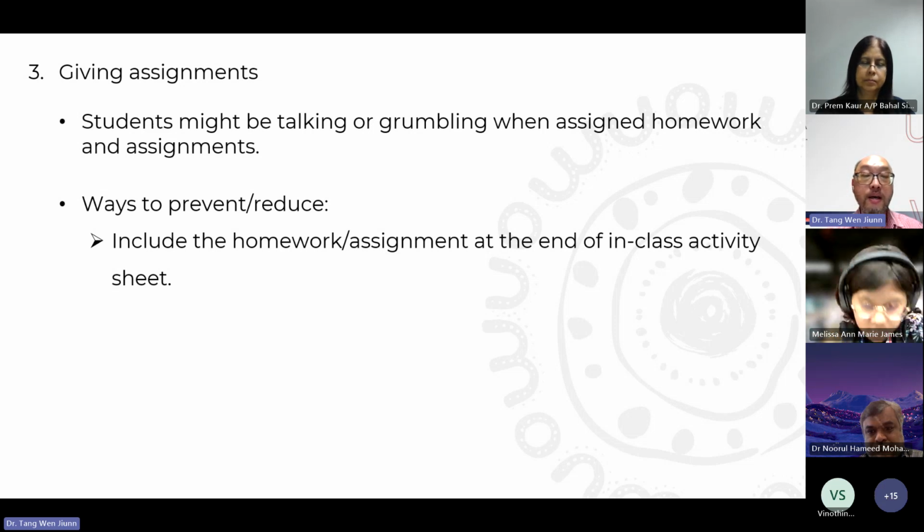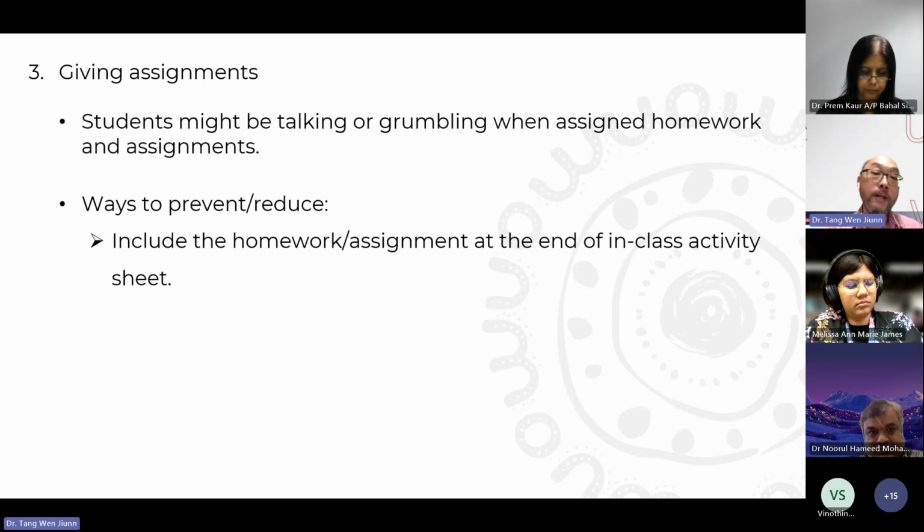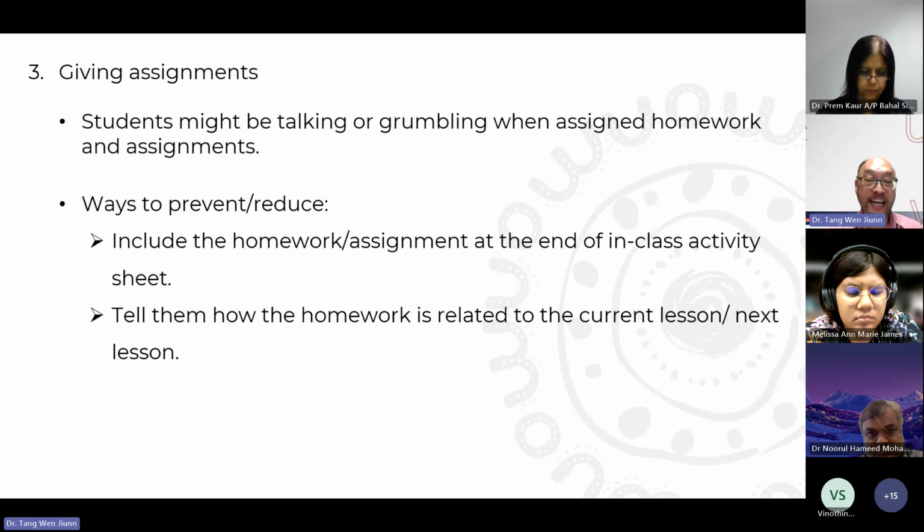We can include the homework at the end of the in-class activity. Maybe in your slides you already have those questions built in, or in your online learning platform, when they scroll through, they already see that there is work they have to do. So they are already ready and aware about this homework.